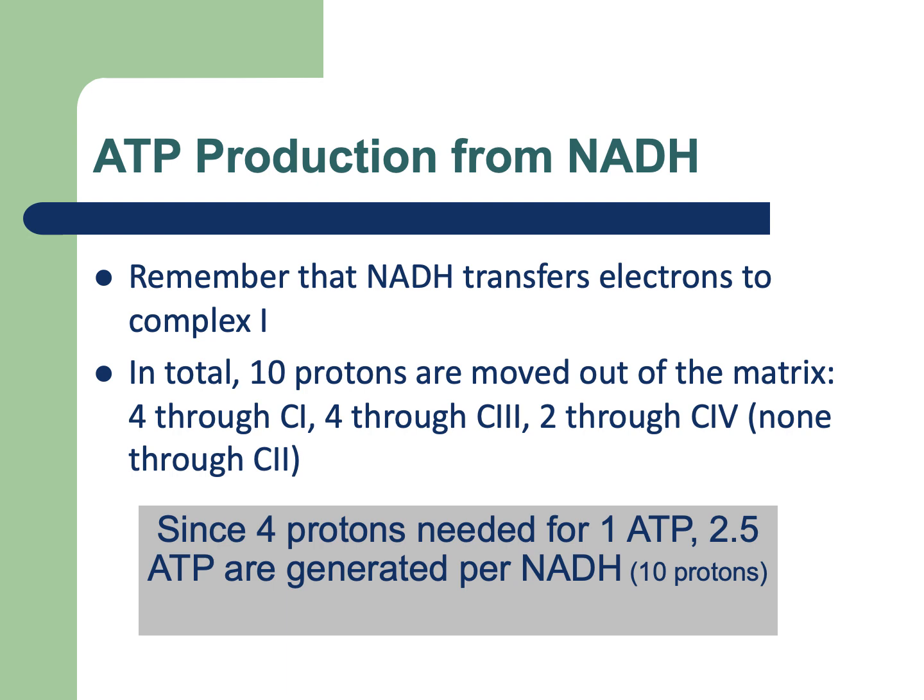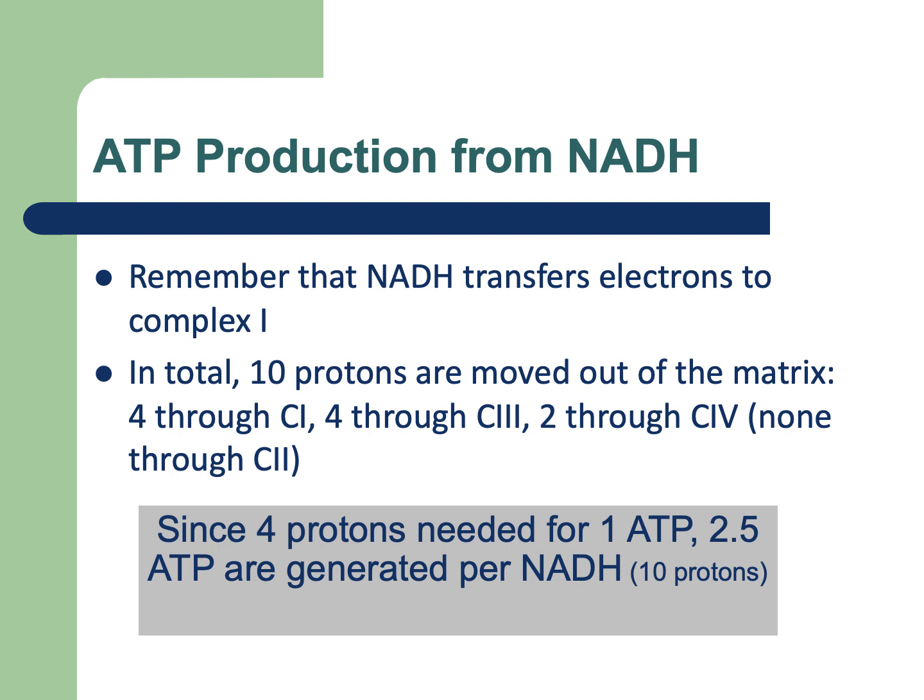We need to now calculate how much ATP is produced from 1 NADH molecule. So remember that NADH transfers electrons to complex 1. In total, 10 protons are moved out of the matrix with 1 NADH molecule, 4 through complex 1, 4 through complex 3, and 2 through complex 4, none through complex 2 because it is not a transmembrane protein.